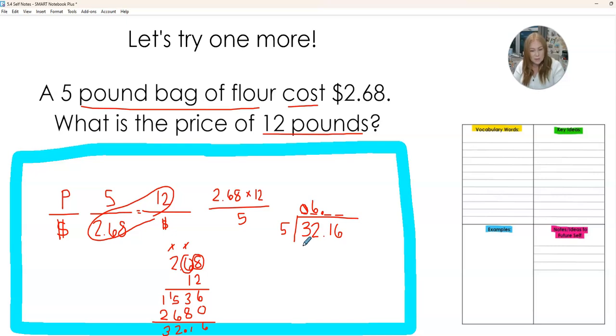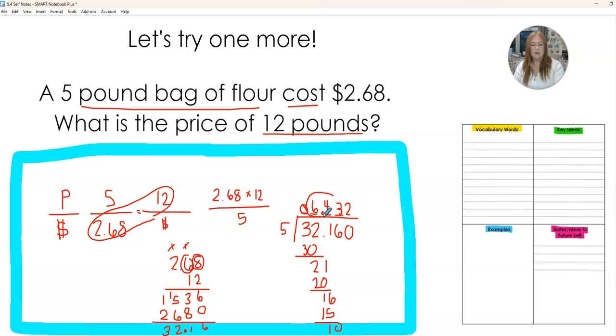So now 6 times 5 is 30. 2 left over, bring down the 1. 5 goes into 21 4 times, which is 20. 1 left over, bring down the 6. 5 goes into 16 3 times, which is 15. 1 left over, we're going to bring down a new 0. 5 goes into 10 2 times.